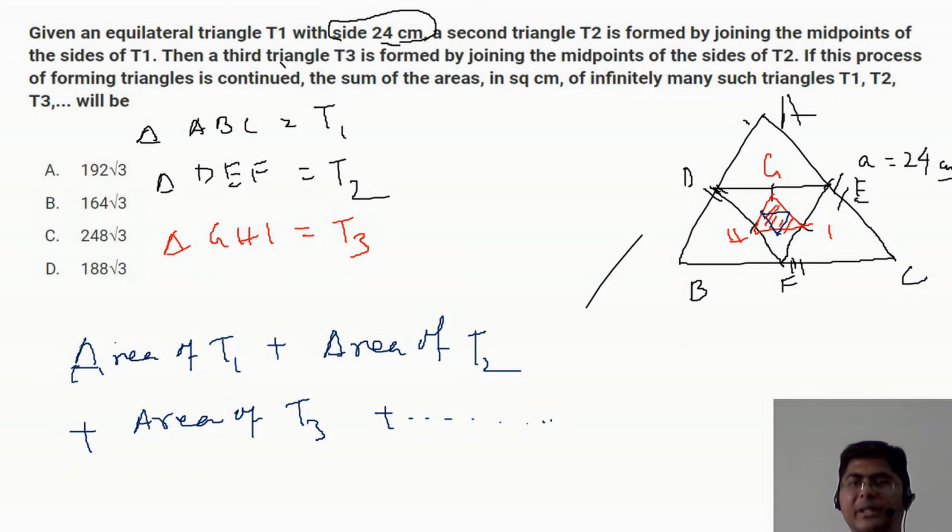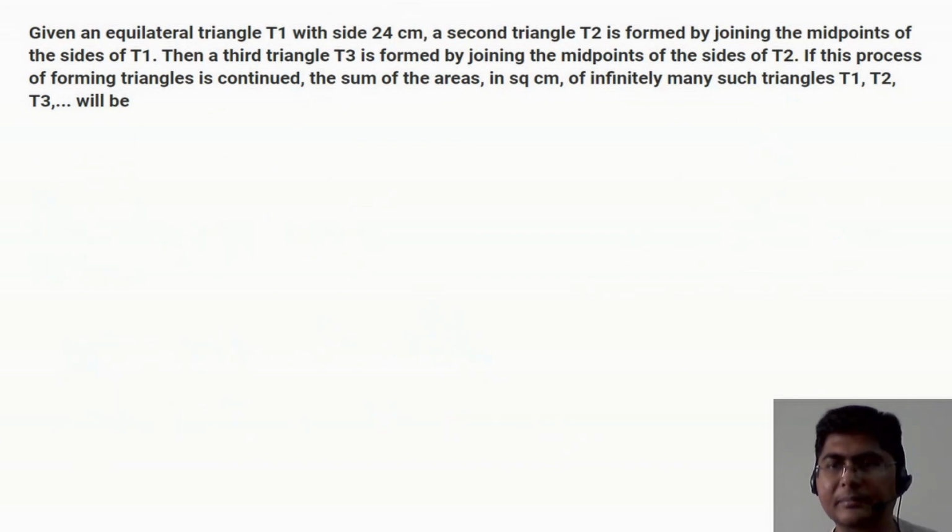As long as we can create small triangles, this process will continue infinitely and we have to find out the area of all such triangles, right? Okay. Now let us understand what are the core concepts to be used.